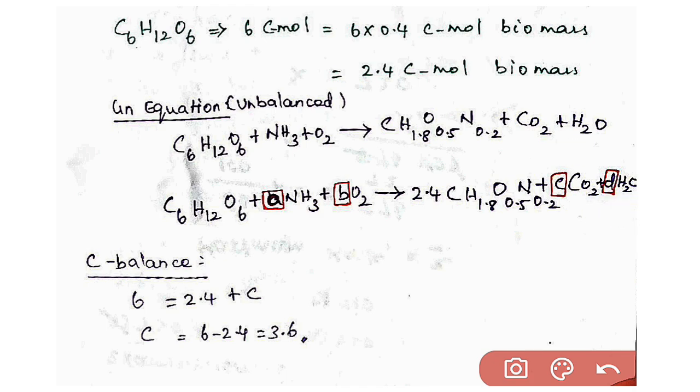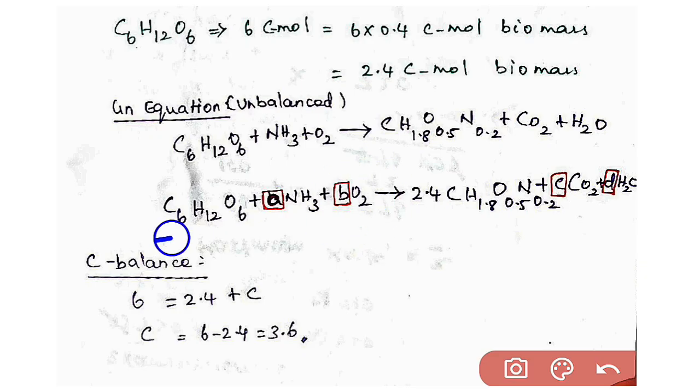We have to find the number of moles of ammonia, oxygen, carbon dioxide and water, but in the question they are asking only B. To calculate B, first we have to balance the equation.